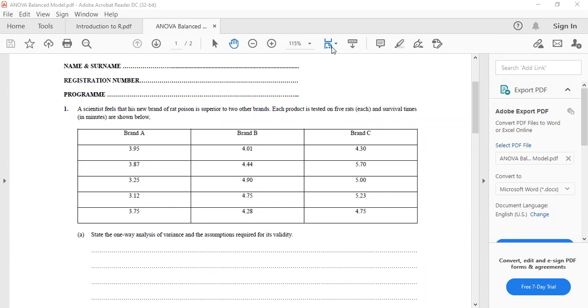I think you mentioned some of it. Sometimes you overlook some of the things that are very important when you're writing, right? You talked about tau i. Tau i is the treatment effect, right? And then eij is the random error term, right?